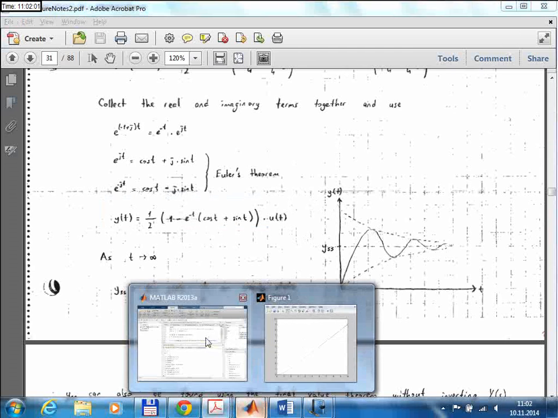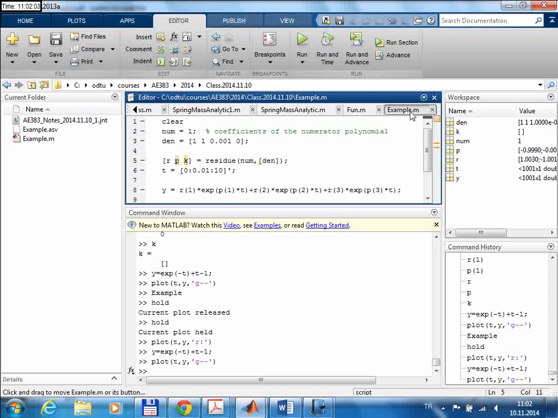Now, since we have extra time, let me show you how you study this example using Matlab. Remember, I told you that Matlab takes the partial fraction expansion with one command. That's the residue command. This command gives you the residues and the poles, everything at once.